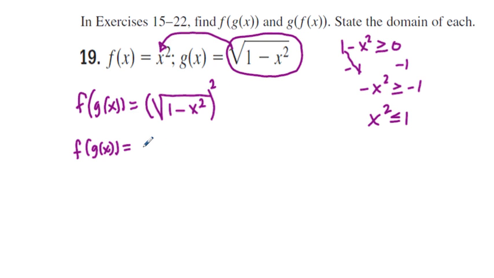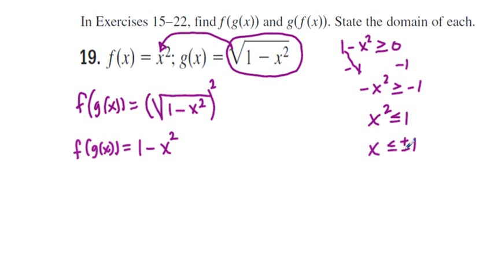So f of g of x is equal to the square root and squared cancel out. We have 1 minus x squared. This 1 minus x squared has no restriction in the domain, but we have an original restriction, so x is going to be less than or equal to plus or minus 1.